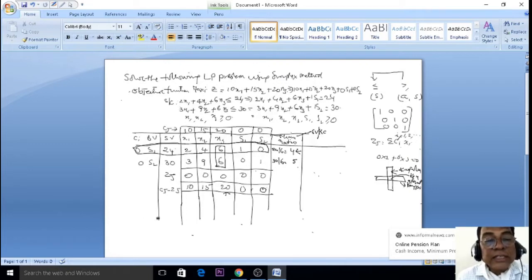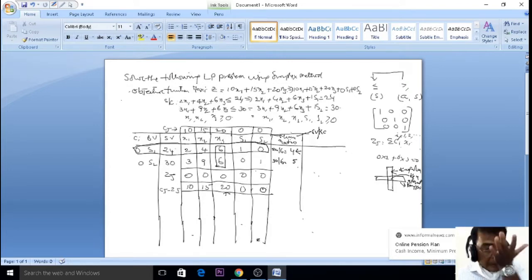You have to change the values in the key row and key column first. That is a very important point. So how to change the values in the key row and key column? First, you see this key row and key column intersecting here at the key element. This is 6. It means you have to change the element in the key row and key column.